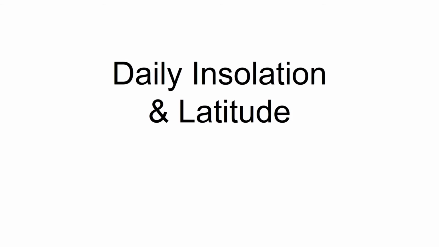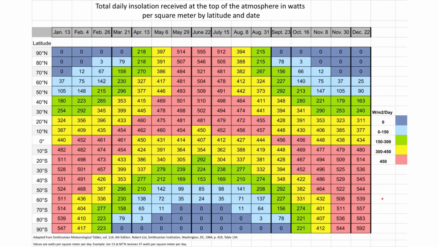All right. Daily insolation and latitude. So this chart shows the amount of energy hitting the top of the atmosphere expressed in watts per square meter. And the chart is divided by latitude along the side and by date across the top.